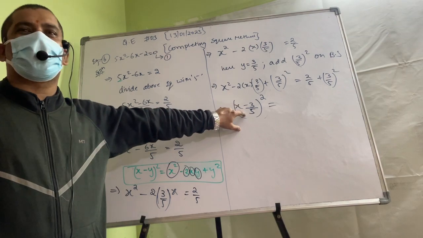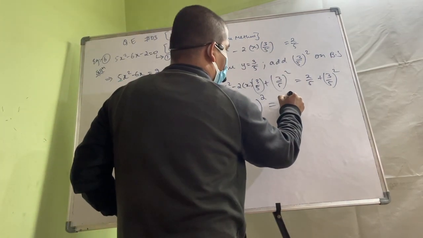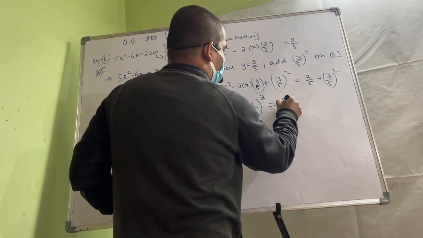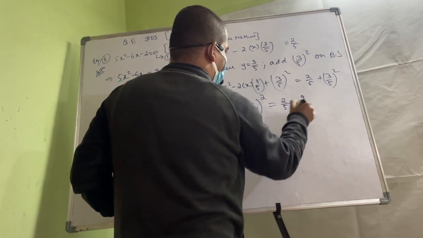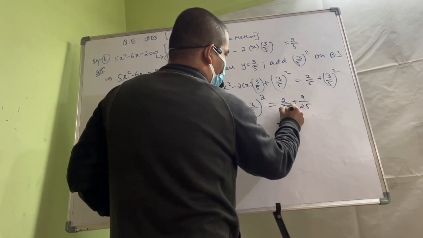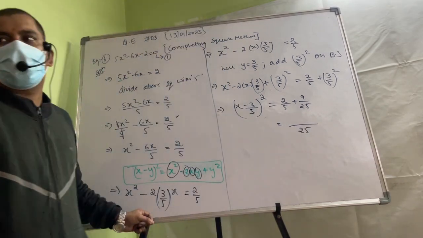Okay, so after this is clear, why did we do all this? To get into this form. Now on the right side, you add and see what we get. 2 by 5, 3 square is 9, 5 square is 25. So we'll simplify this. The LCM of 5 and 25 will be 25 only.